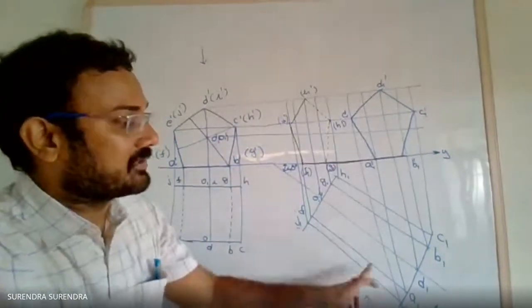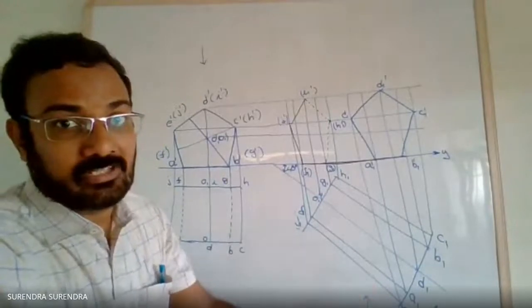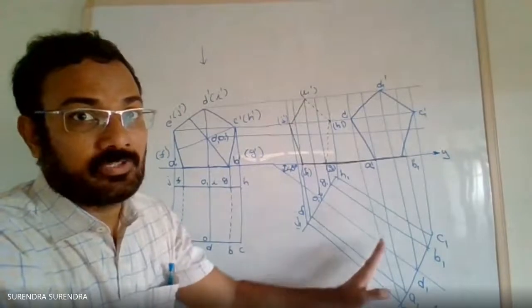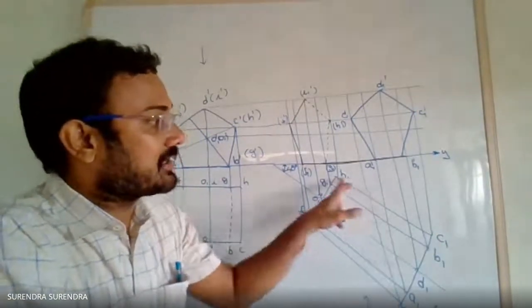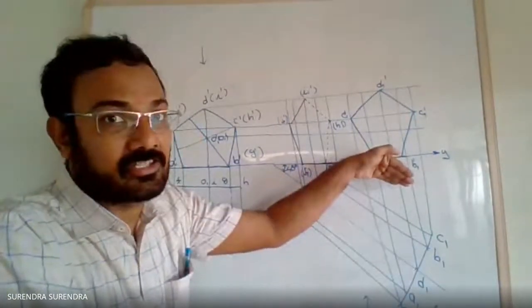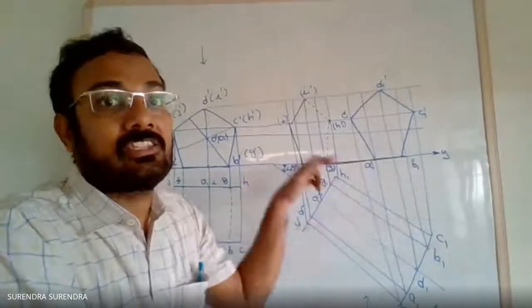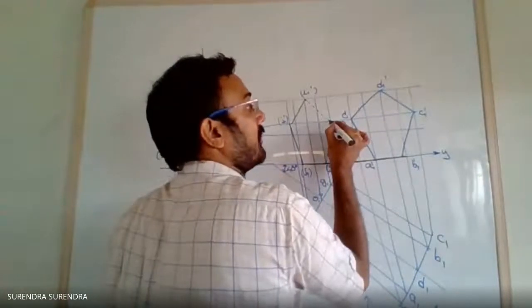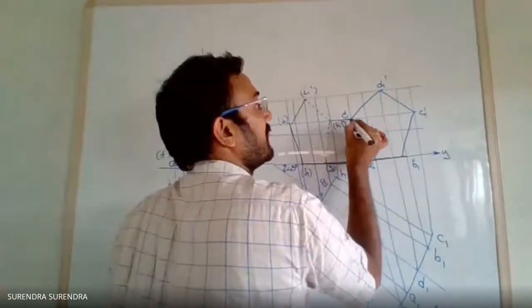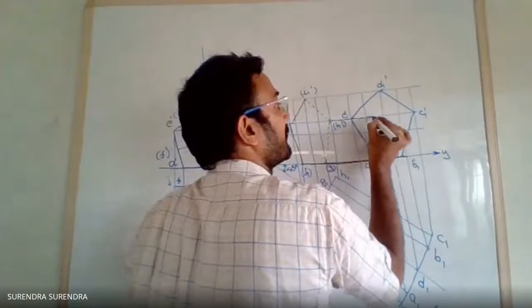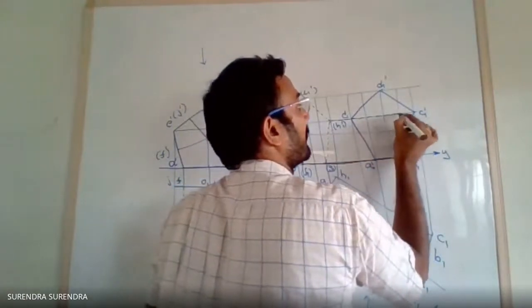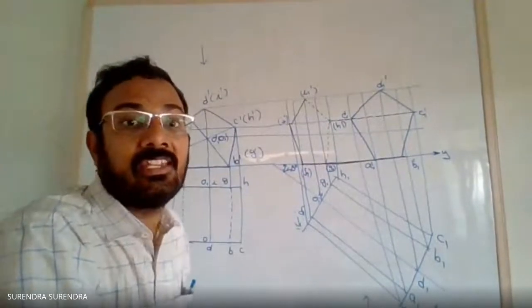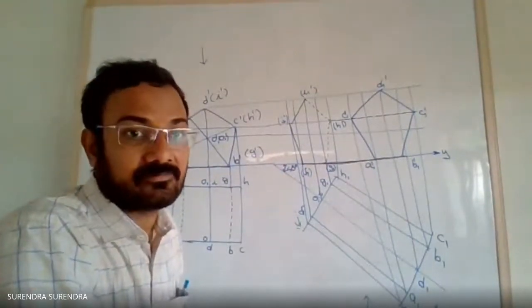If you observe from a top view in this direction, CH is on the other side from the observer. So we should draw CH as a dashed line.